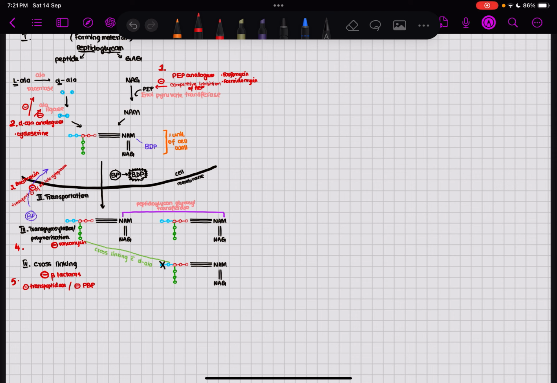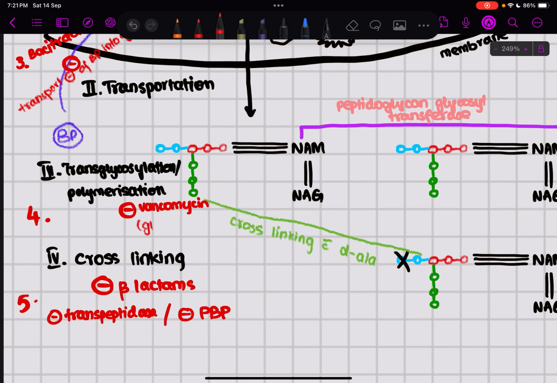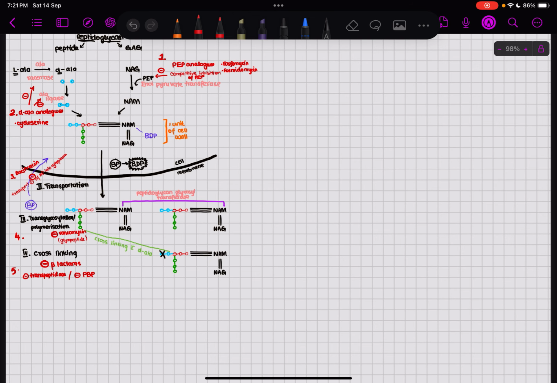Glycopeptide is vancomycin. Vancomycin is a glycopeptide, and its mechanism of action is by transglycosylation or polymerization inhibitor. Then we have got beta lactams, which is transpeptidase or penicillin binding protein inhibitor.